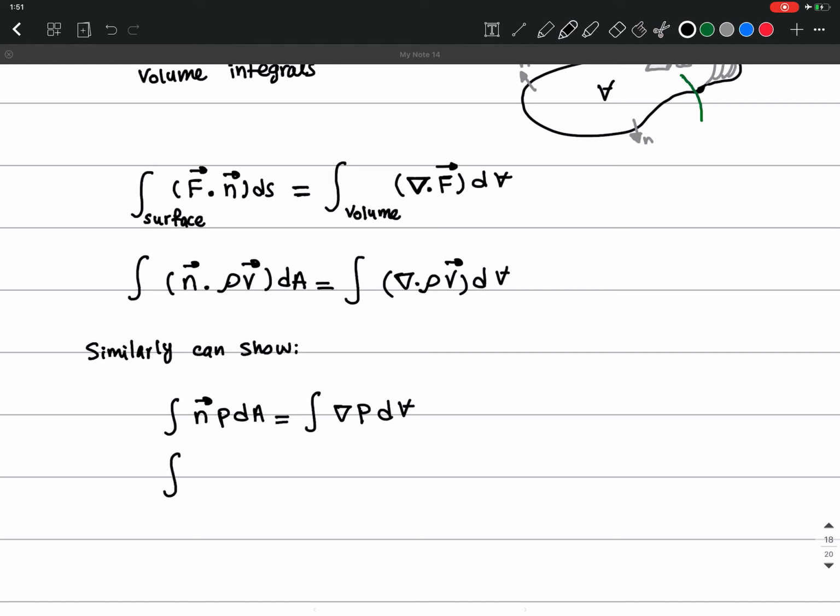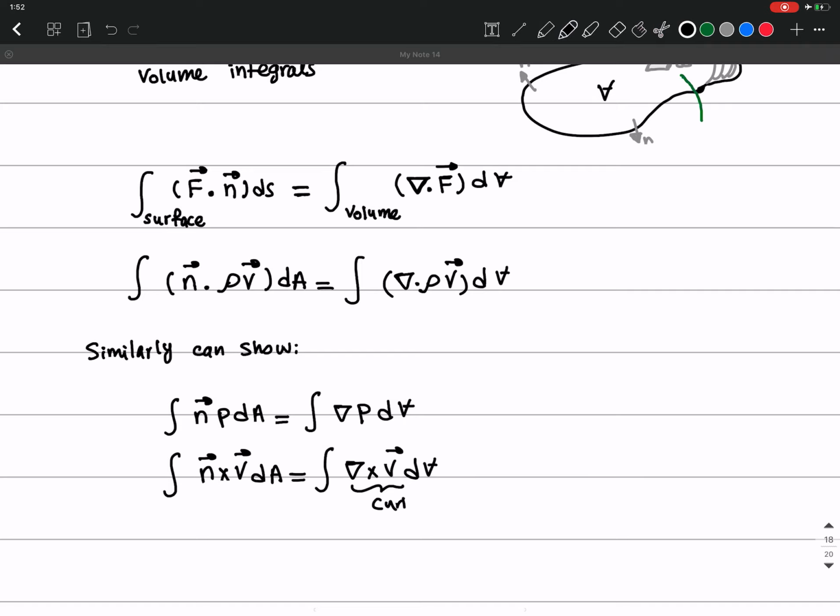And you can write the integral of n cross v dA as the integral of the curl of v dV. This we call the curl.